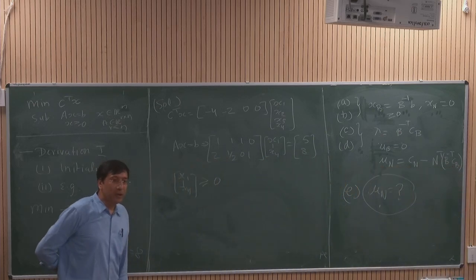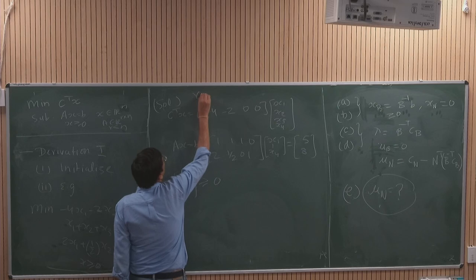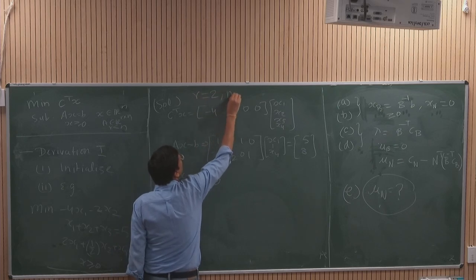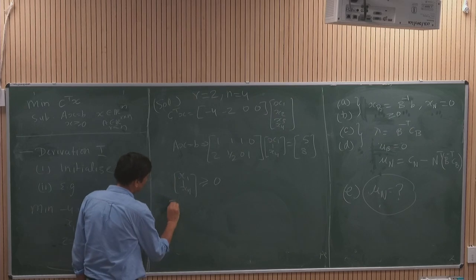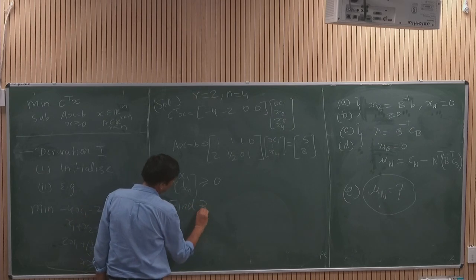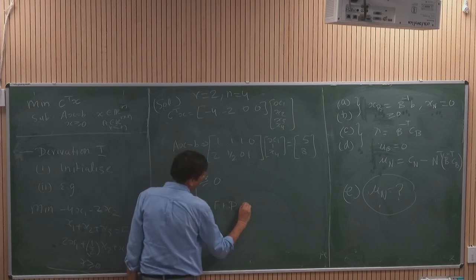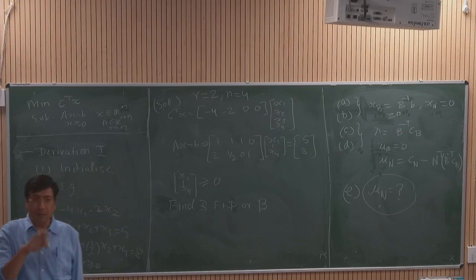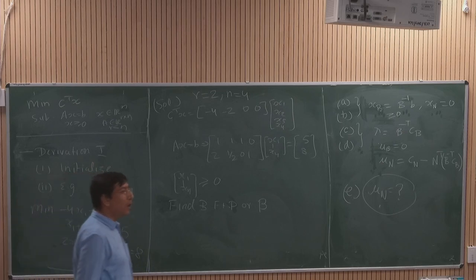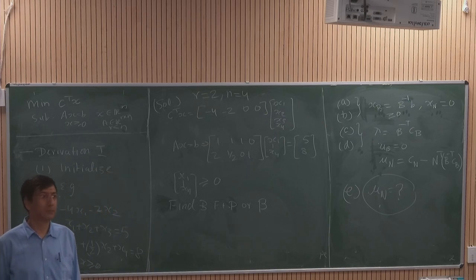So there are 4 indices. Now you have to pick the B set. How many indices should it contain? R is 2, N is 4. To find a basic feasible point, the B set, with an accent as I'm calling it, how many indices should it contain? 2, right?